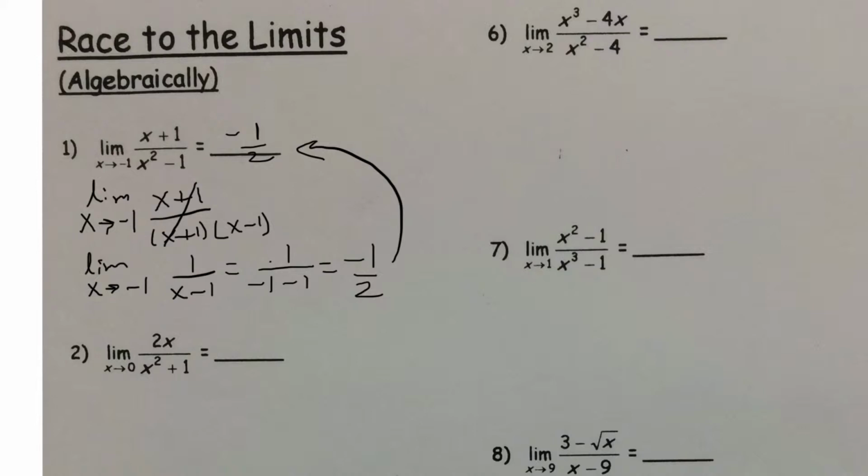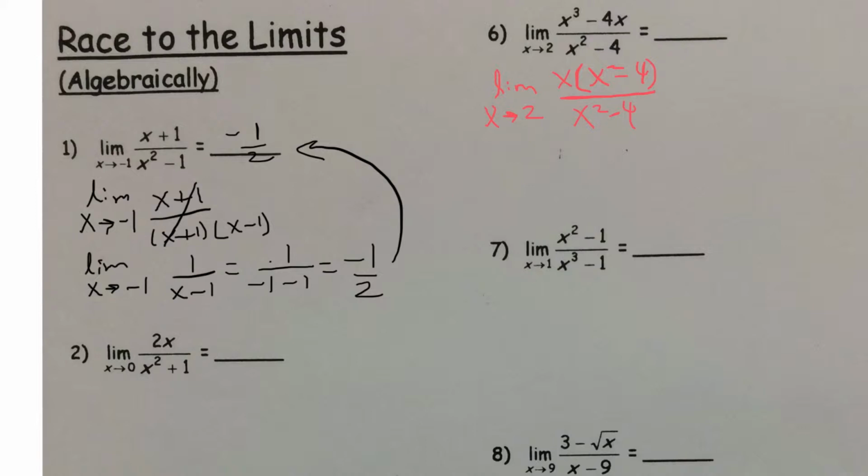Here, however, notice that even though the denominator looks like a difference of squares, I'm not going to factor that out. I'm just going to leave it as x squared minus 4. It's still the limit as x approaches 2. And the only factoring I'm going to do is on top. I'll factor out an x and I'll have x squared minus 4. And now you can see that the top and bottom match exactly.